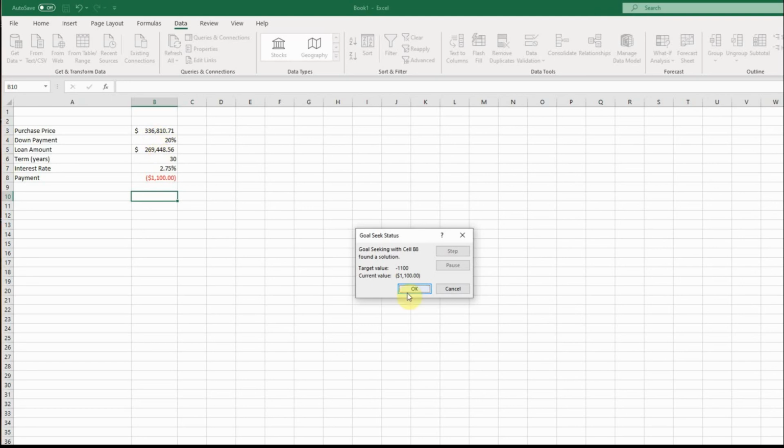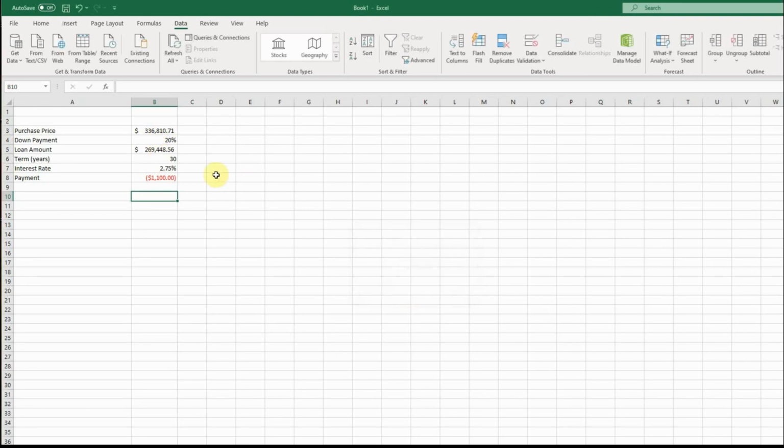But now let's say that we still want our $400,000 home, because let's say we found a home for $400,000, but we want to see if maybe we can get it to go to 1,100 by changing our rate.